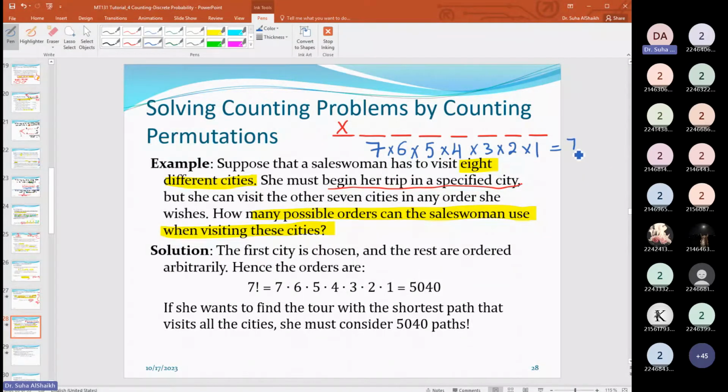Another way أنا أقدر أفكر فيها بالشكل هذا إن هي عندها 7 cities وراح تختار 7 منهم عشان تسافرهم. المدينة الأولى ثابتة عشان كذا أنا excluded، هي أصلا قالوا 8 cities لكن الأولى ثابتة. So I'm talking about 7 cities وراح نشوف كل الأوبشنز عشان تتنقل ما بينهم. So I'm talking about 7 permutation 7 اللي هو actually factorial 7 in this case which is the same answer.